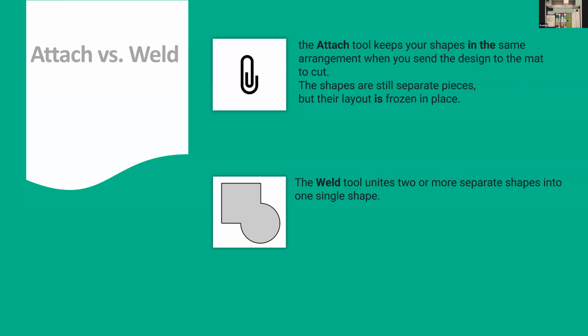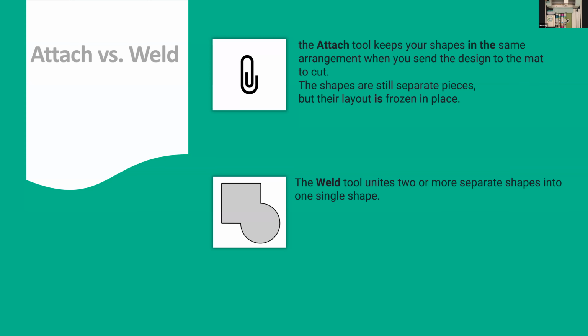So the attach tool keeps your shapes in the same position and the same arrangement in relation to each other as you place them on the mat. The shapes are still separate, so you can go back and change them and modify them. It just freezes it in place.